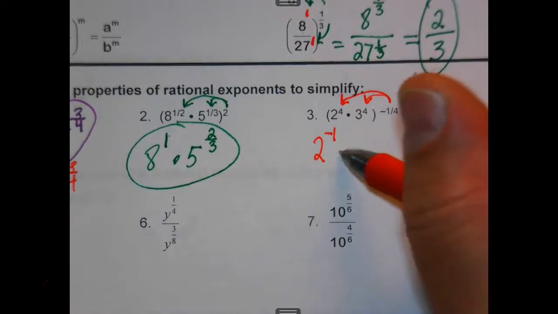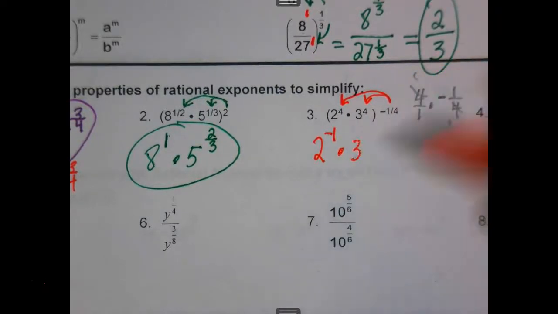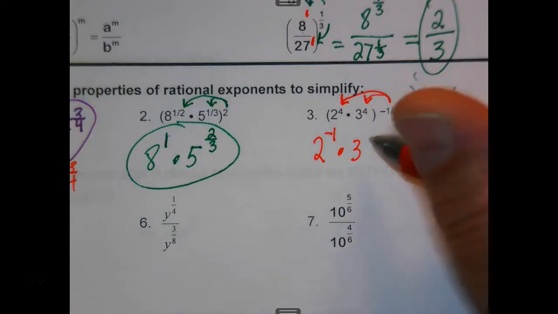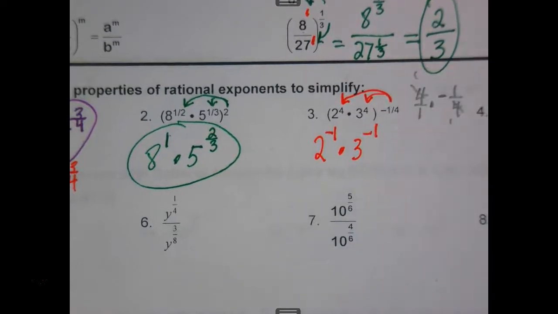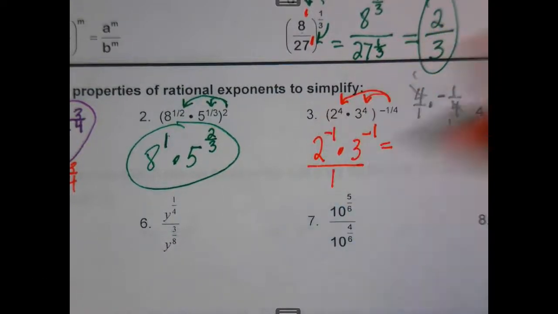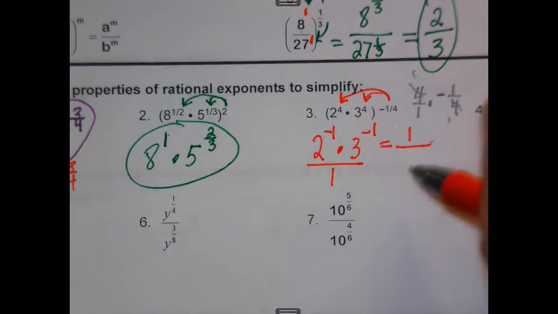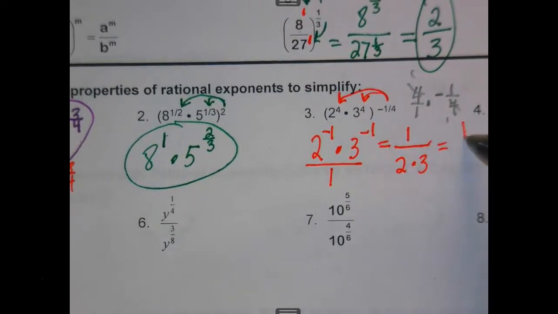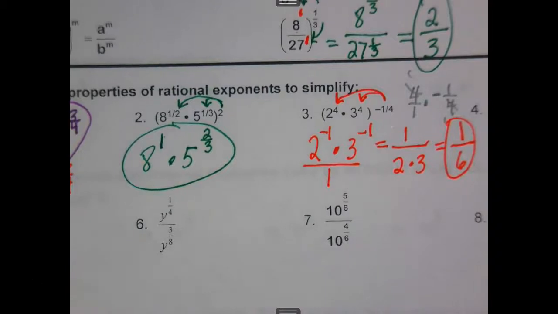Okay, times 3. What's 4 times negative 1/4? Somebody did the hard work for you like 30 seconds ago. -1. Okay, how do I get rid of negative exponents? Put them below. So I have 2 times 3, which is 1/6.